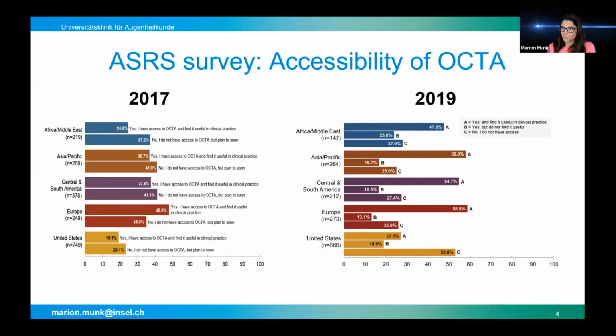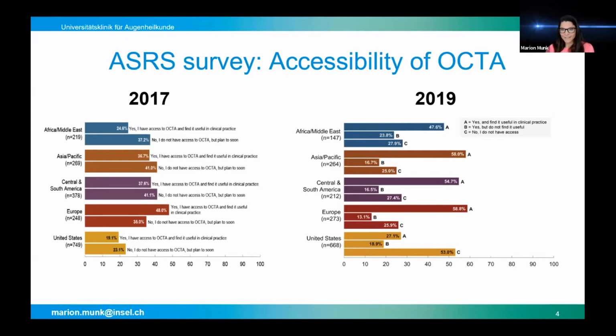First of all, the first question is, does everybody have access to OCTA? We leave the swept source part aside for now. When you look at the ASRS survey, unfortunately I haven't found anything in terms of uveitis specialists, but at least in terms of retinal specialists. They asked the question in 2017 and 2019 whether people have access to OCTA devices.